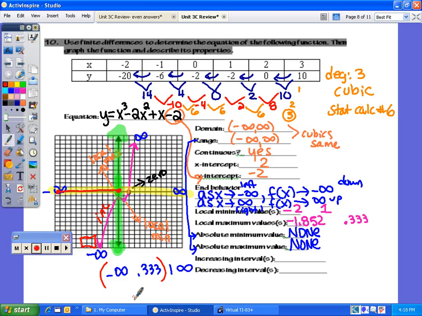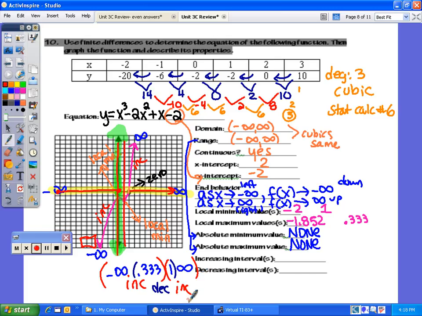So that's an increasing interval. Now from 0.333 to 1, very small decrease. And then from 1 all the way to infinity, it increases again.